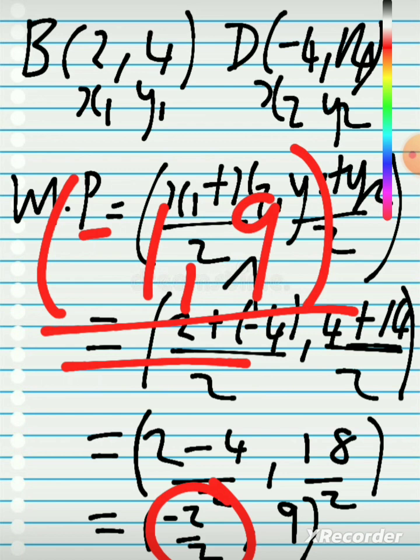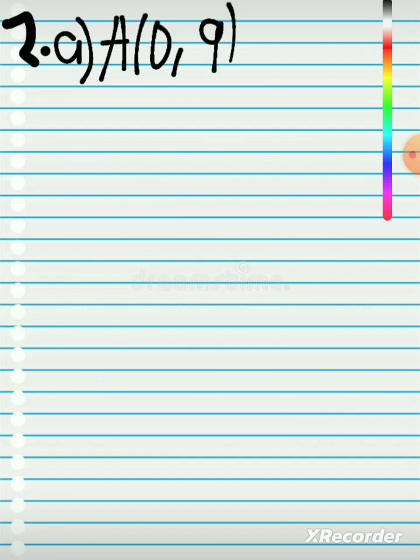So let's go to distance between 2 points. So we start, that is question 2. So A, we have these 2 points, A, which is 0, 9, and B, which is 2, 4.